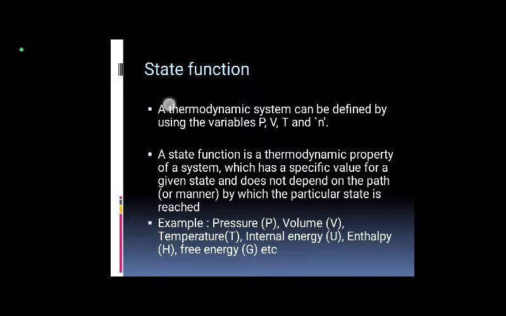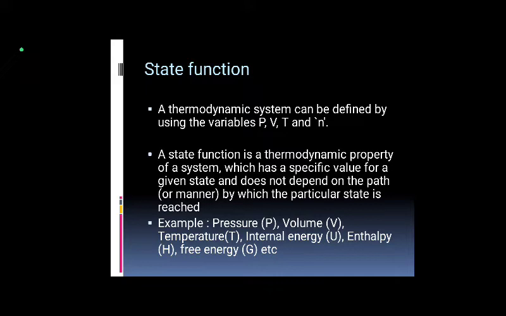So a thermodynamic system can be defined with the help of these four variables. A state function is a thermodynamic property of a system which has specific values for a given state and does not depend on the path or manner by which the particular state is reached.